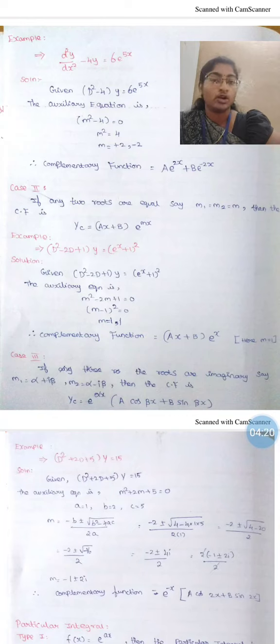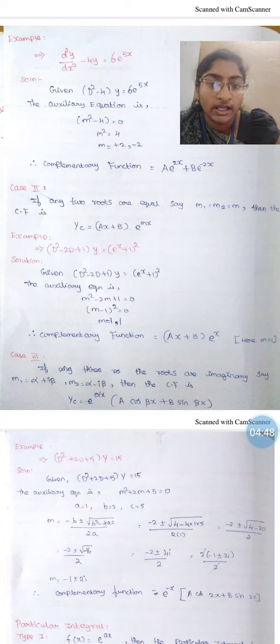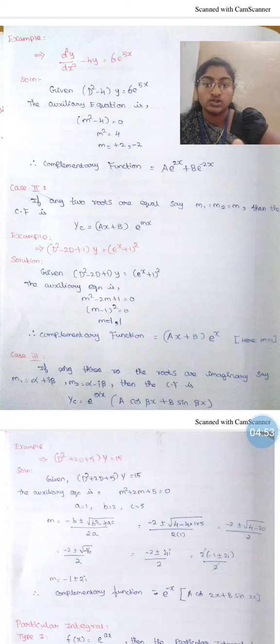We know the formula (a - b)^2 = a^2 + b^2 - 2ab, so convert this into (m - 1)^2 = 0. Taking the square root on both sides, we get m = 1, 1. Both values are equal, so we are using the case 2 formula. The complementary function is (ax + b) e^(mx), with m = 1, so yc = (ax + b) e^x.